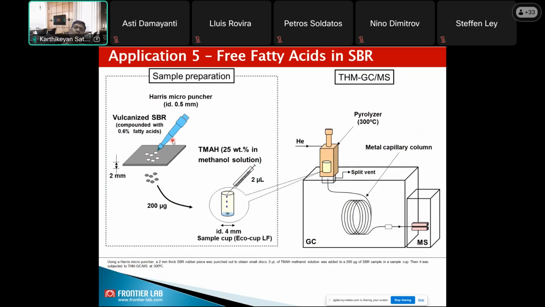Higher sample mass can sometimes have an incomplete reaction, so a smaller sample size is recommended. Once you have the sample and a methylating agent mixed in the sample cup, it will transfer. In this case, we are using a pyrolysis temperature of 300.